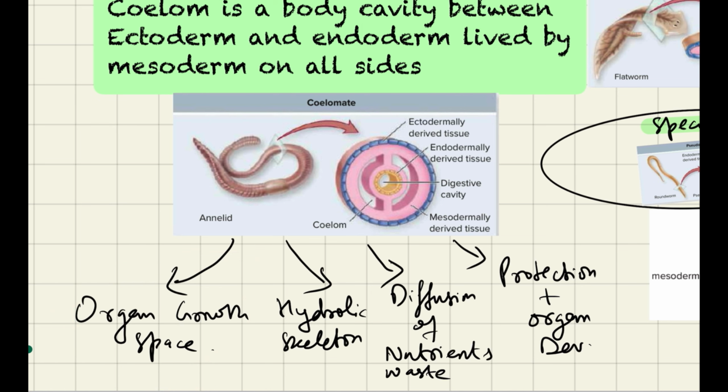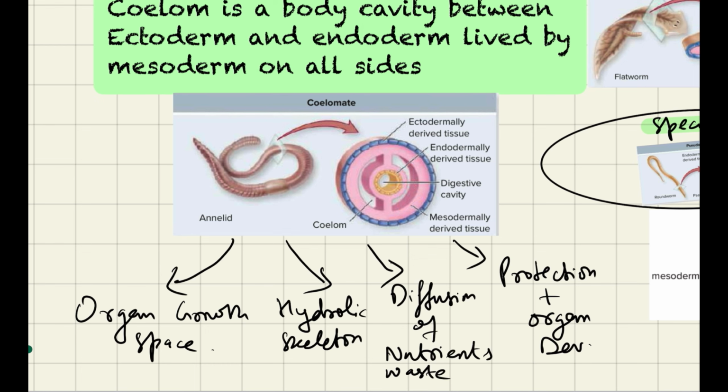One important thing is that in invertebrates this is a mesodermal layer, but in vertebrates it is known as the peritoneal layer or peritoneum, and this cavity is known as the peritoneal cavity. It is a fluid filled cavity.